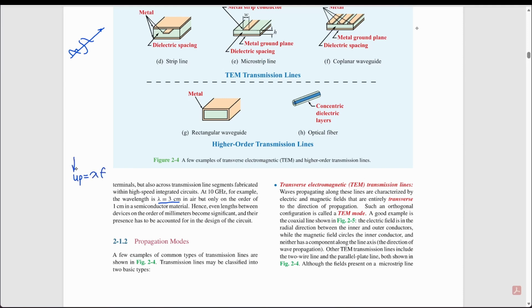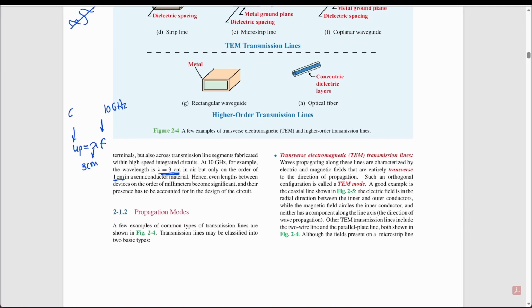So if we use the speed of light and a frequency of 10 gigahertz, this will be 3 centimeters. So the wavelength is very small, and it also depends on the material we're working with. It's on the order of 1 centimeter in semiconductor material. Hence, even lengths between devices on the order of millimeters become significant, and their presence has to be accounted for in the design of the circuit.